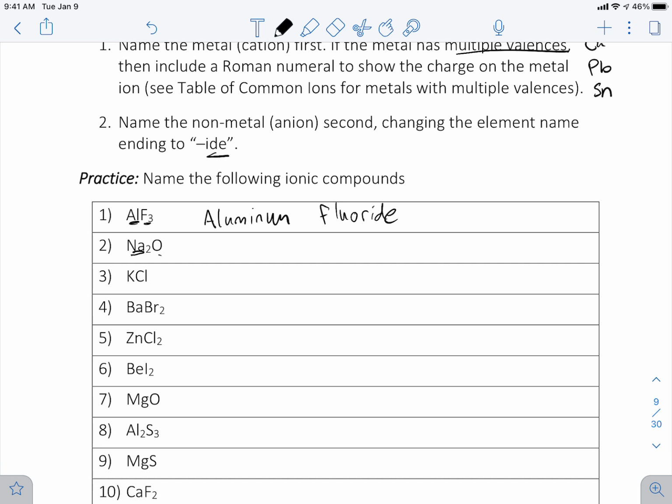Okay, so you have Na and O. Na is for sodium. Sodium is an early periodic table element, so it's on the left. It only has one valence. All the ones with multiple valences are in the middle or in the last area of the periodic table, the bottom area. And then we have oxygen, but in this case we go a little bit farther than I was expecting.